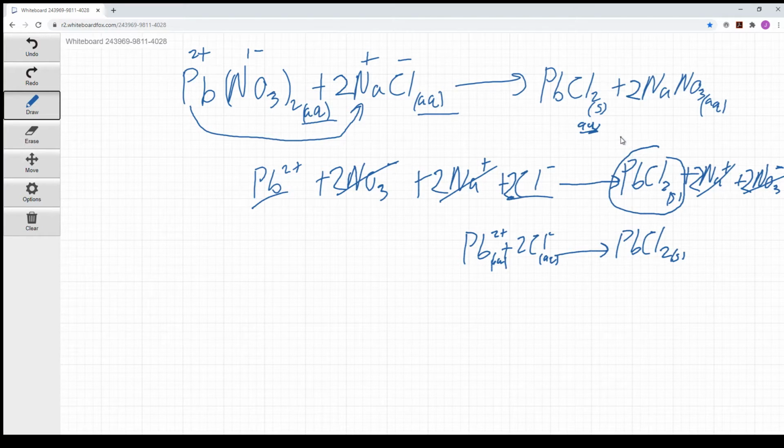You can see that if we broke those up, well, now 2 Cl-, 2 Cl-. Pb2+, Pb2+. And you can see everything would be crossed out. So what we're saying in that case is everything that was at the beginning is the same as it was at the end.